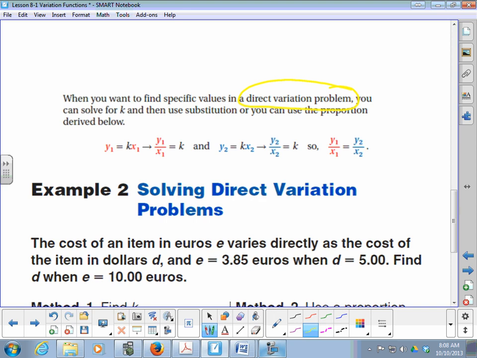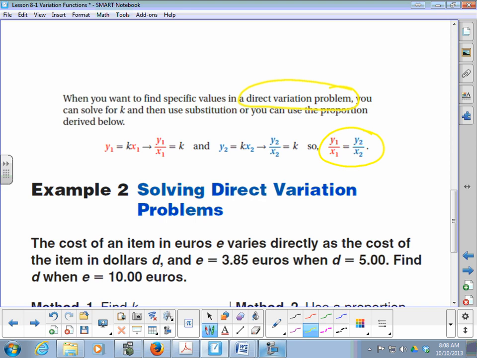And with relating the two different parts, we actually can develop a formula for a direct variation problem, which basically just says that those two ratios are going to be equal to each other. If I have y sub 1 equals k times x sub 1, then k is y sub 1 over x sub 1. Y sub 2 equals k times x sub 2, so k is y sub 2 over x sub 2.